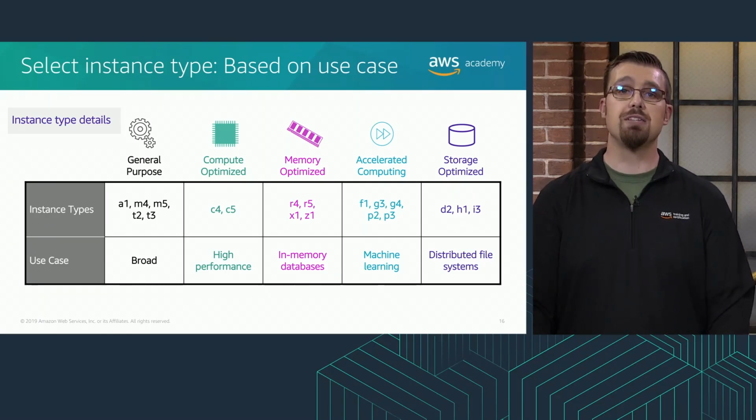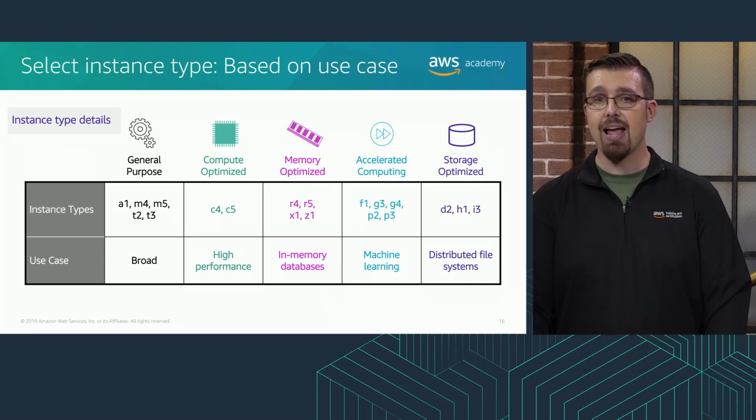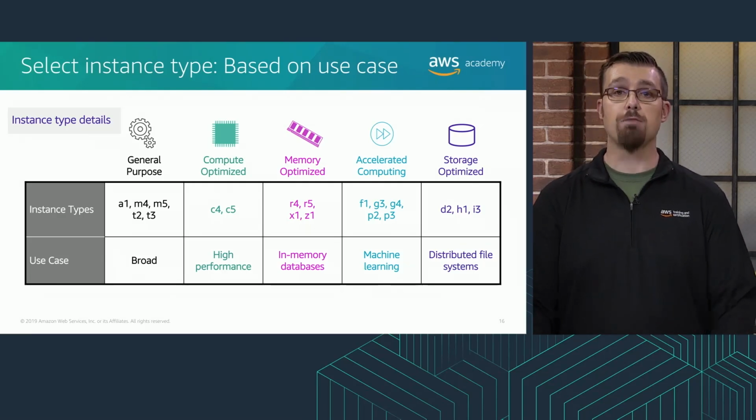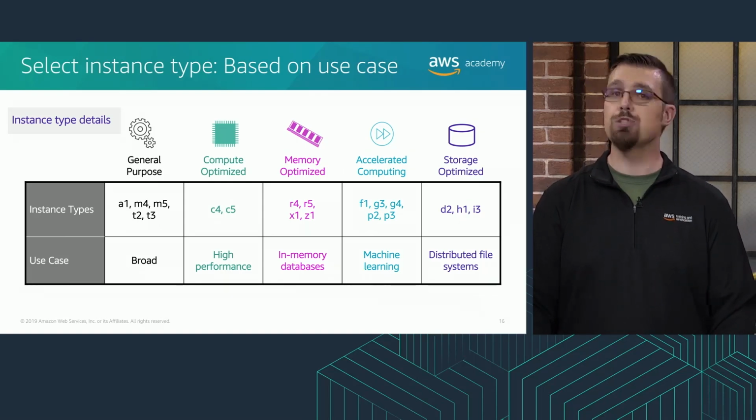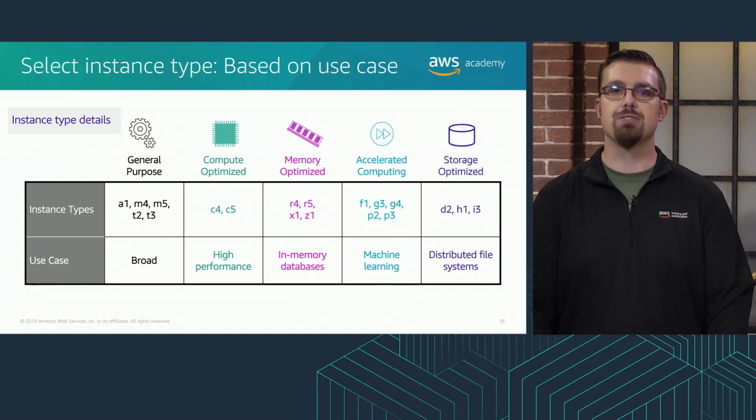Use cases include scientific modeling, batch processing, ad serving, highly scalable multiplayer games, and video encoding. R5 instances are optimized for memory-intensive applications. Use cases include high-performance databases, data mining and data analysis, in-memory databases, real-time processing of unstructured big data, Apache Spark clusters, and other enterprise applications.